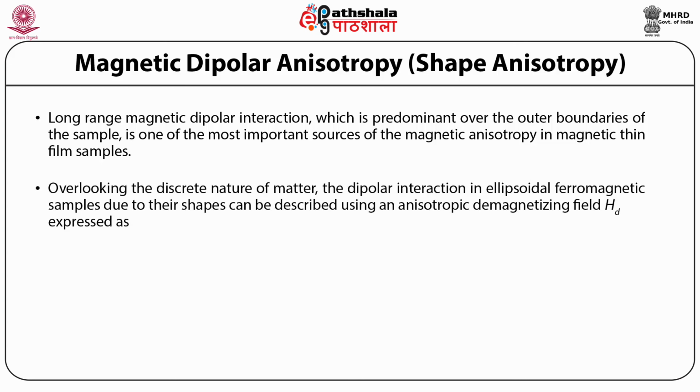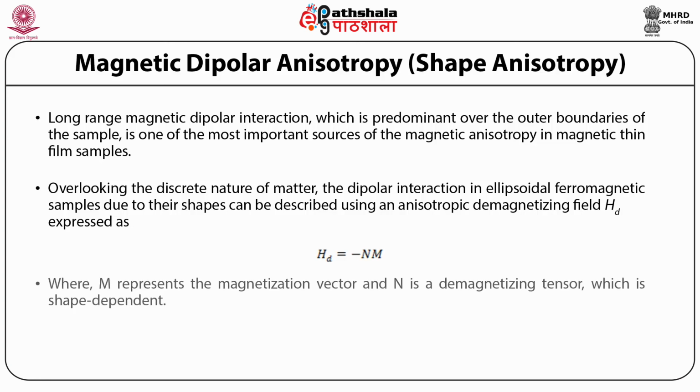Overlooking the discrete nature of matter, the dipolar interaction in ellipsoidal ferromagnetic samples due to their shapes can be described using an anisotropic demagnetizing field, Hd, expressed as Hd is equal to minus N into M, where M represents the magnetization vector and capital N is the demagnetizing tensor, which is shape dependent.